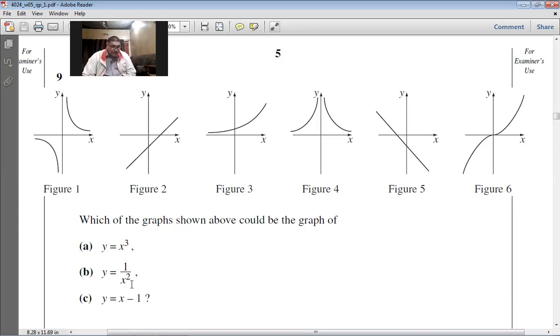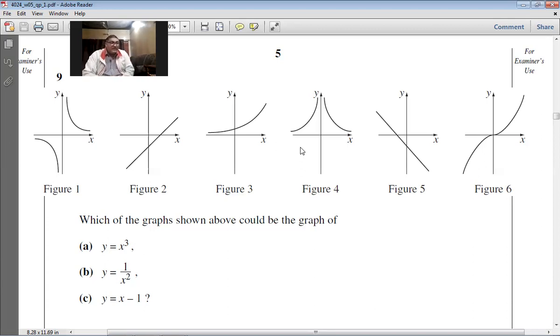And if you put negative values of x, even then the graph will be positive, because the graph is 1 by x squared. Whatever value of x you introduce, it will automatically be squared, so the graph will not go down because of negative numbers. So I think the best option here will be figure B.